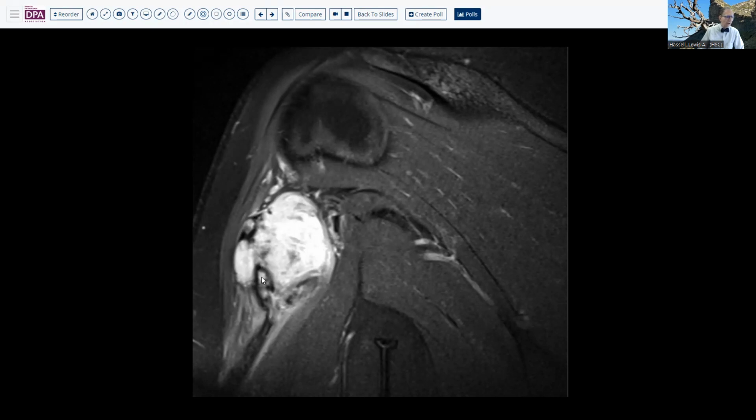So it certainly has a worrisome character in that it's involving multiple areas and spaces, has a heterogeneous MRI signal intensity, and here has a fair degree of fluid associated with it.